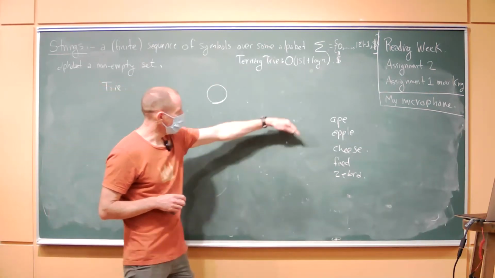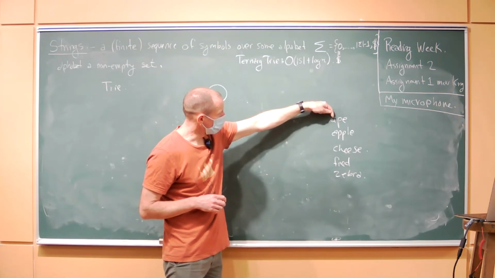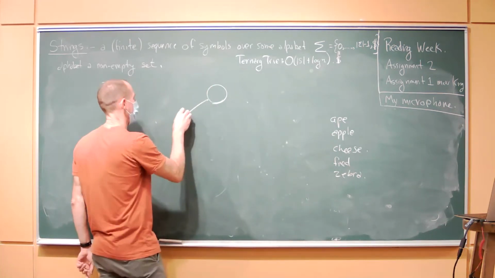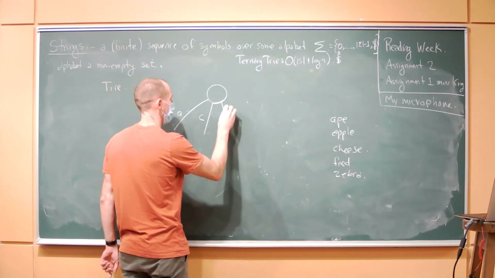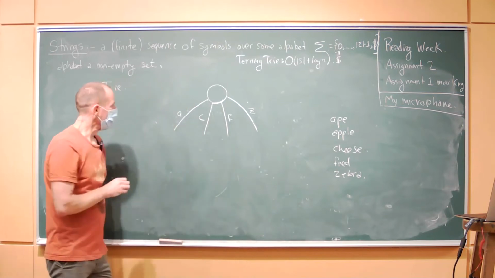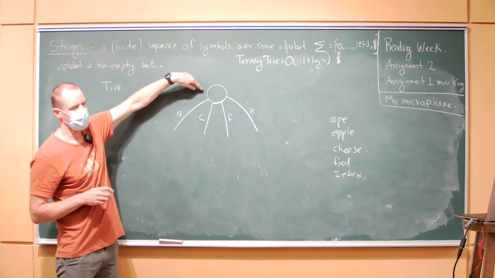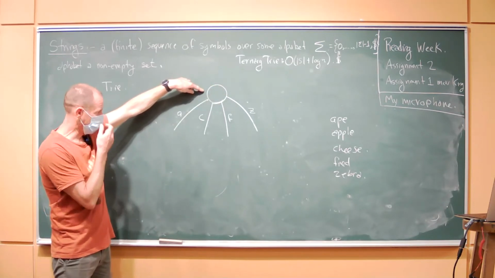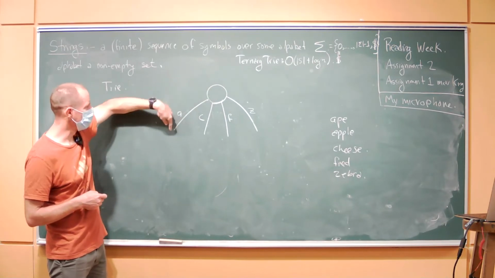And if I look at my set of strings that I'm going to store here, the first characters are A, C, F, and Z. So there's edges coming out of that node with the labels A, C, F, and Z. And although it's not pictured here, there is an array in here of length 26, the number of characters in the alphabet, and for A, this edge is a pointer stored in the first element of that array.